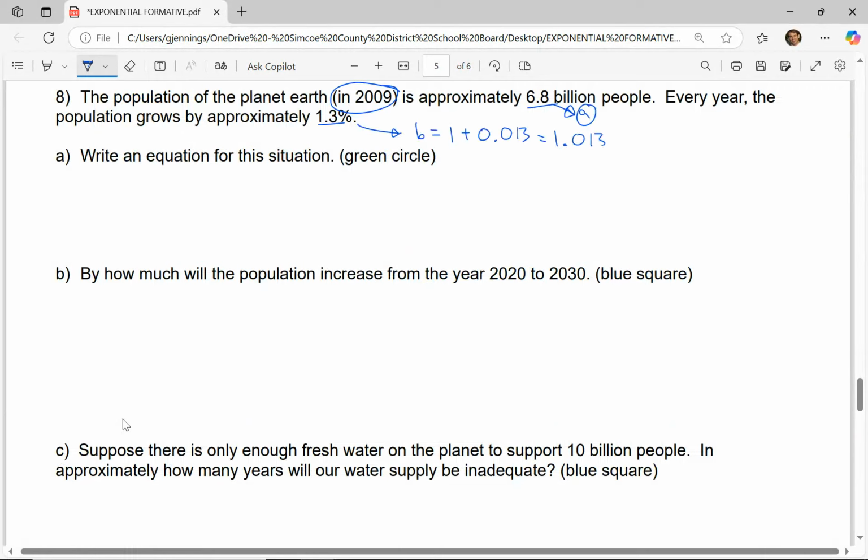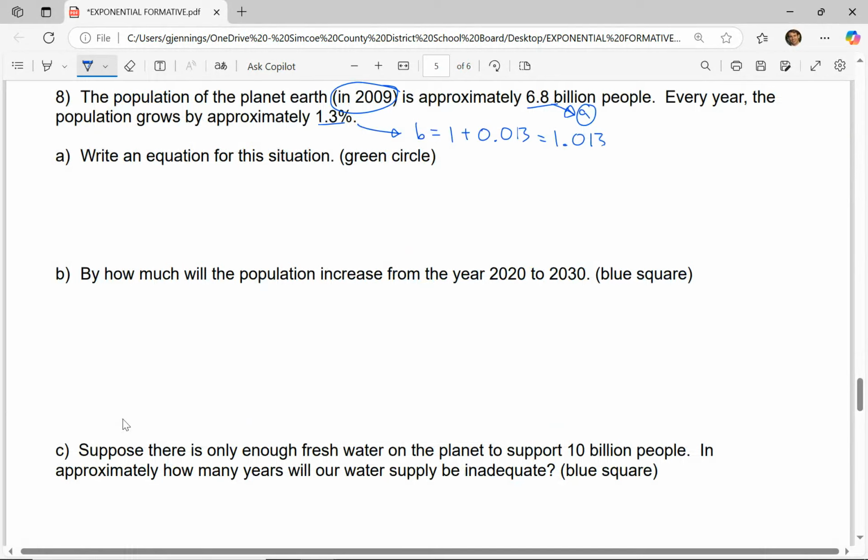Notice that is 101.3%. I've already moved the decimal place there, so you can just build them as decimals right from the start. Don't have to do them like percent like I did in the last problem. That's how we build our growth factor. It always has to have that 1 in it, that 100%.